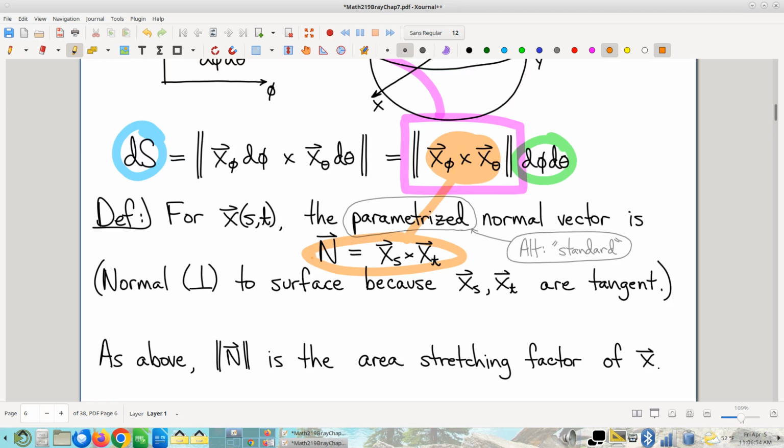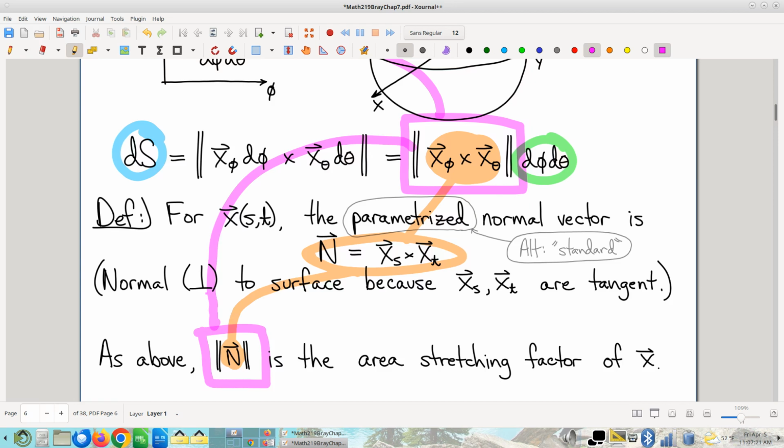We're going to call it capital N. I'll come back in a second and talk about why. And so for compact notation, this stretching factor, the magnitude of x phi cross x theta, I'm just going to rewrite as the magnitude of capital N. This is very standard. Our textbook does it. Many other textbooks do the same. Little shorthand there.